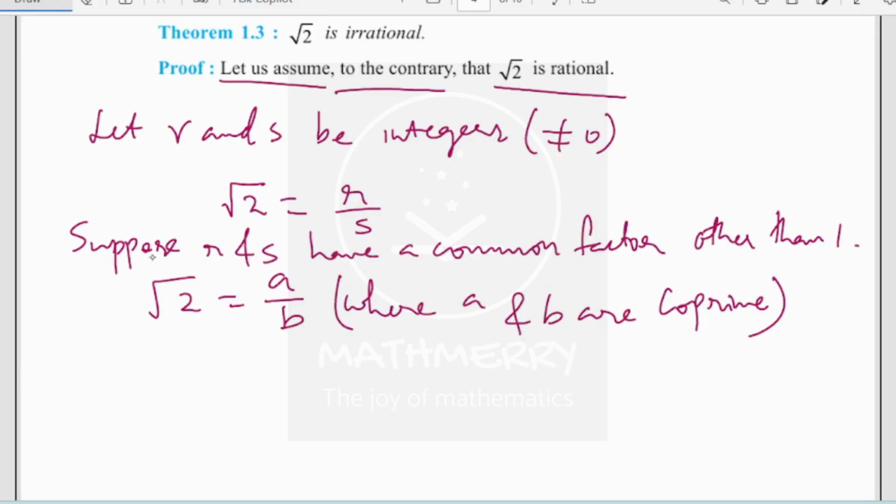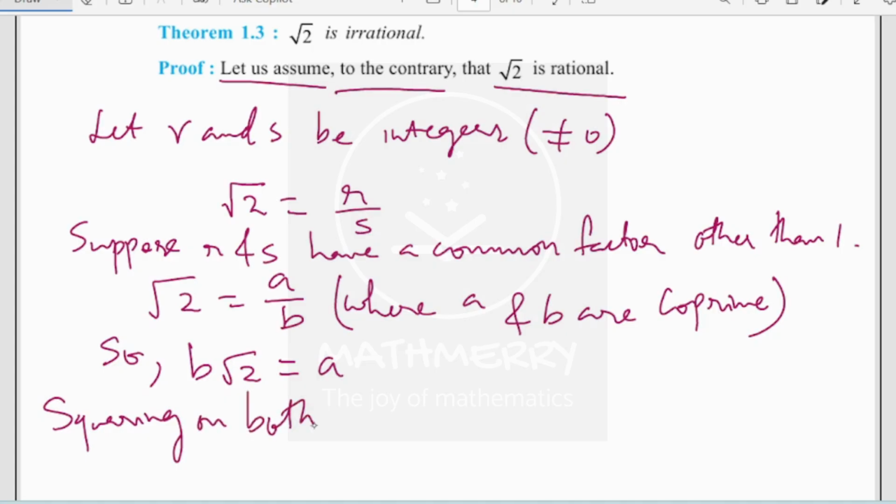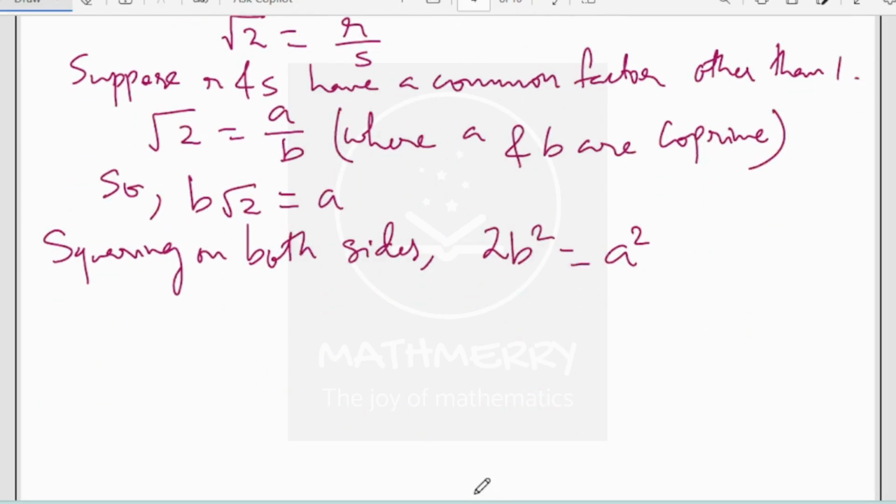So from this what we get? B root 2 is equal to A. Now squaring on both sides, we get 2B square is equal to A square. So this is what we get on squaring both sides.